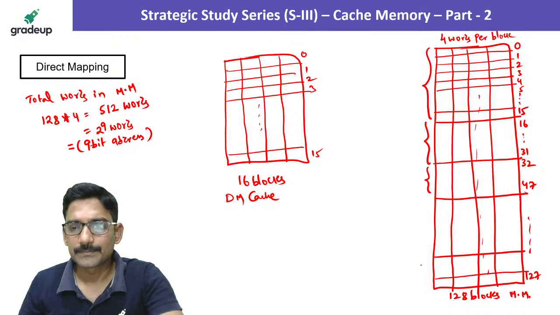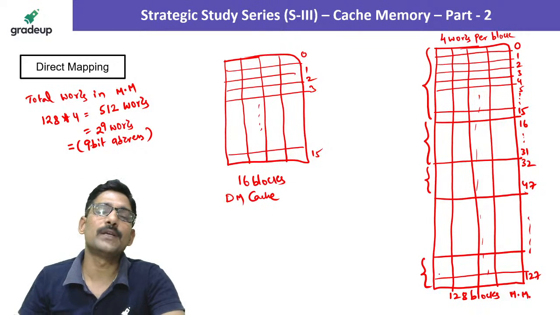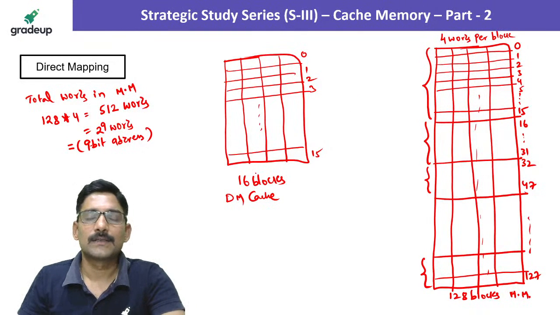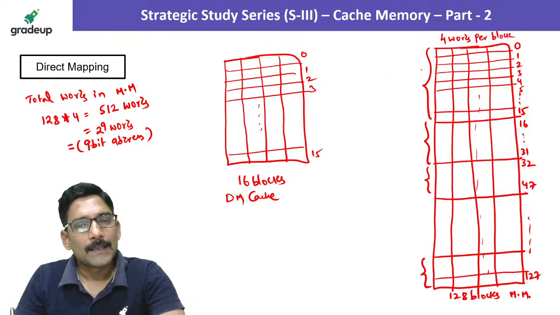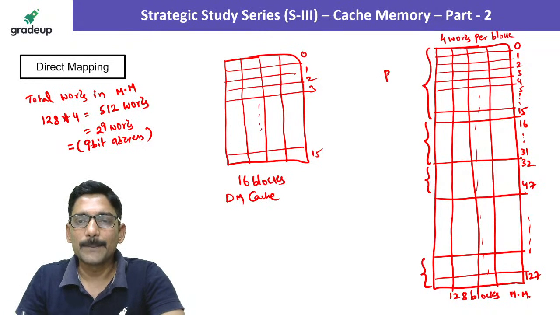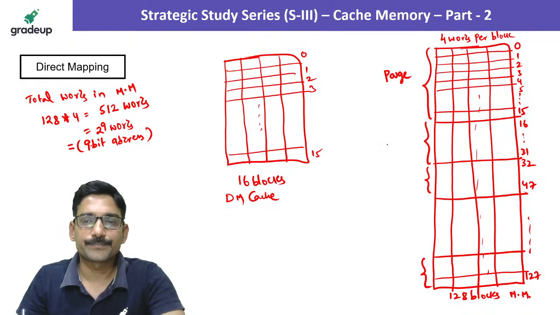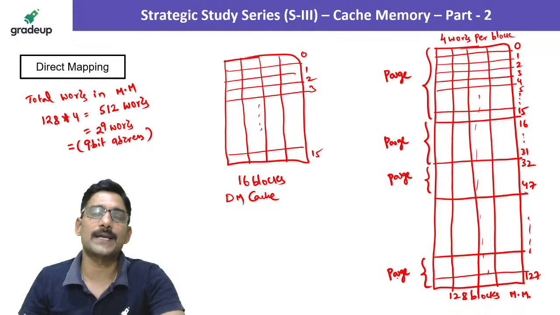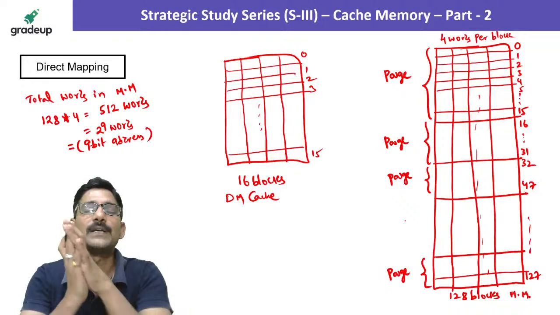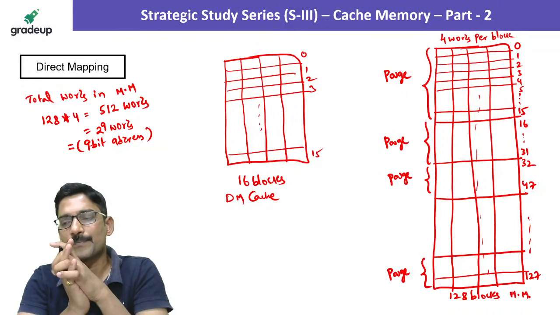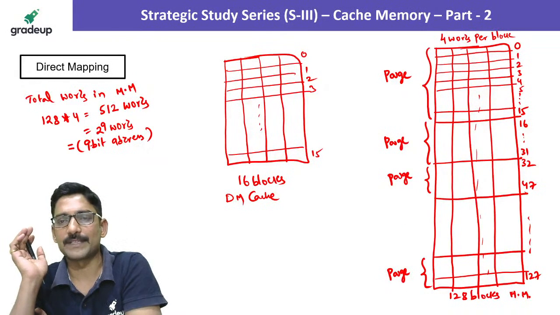Like this. How many groups will be there? We will see. This group is called a page. So the main memory is interpreted by the DM cache as groups of cache memories.